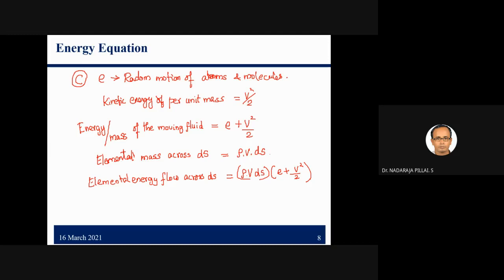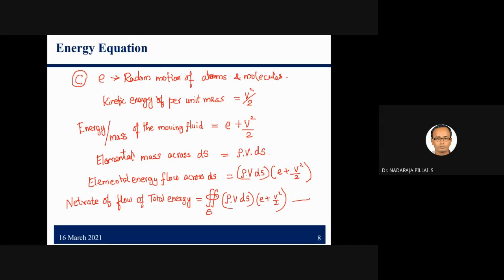Right? So I will write the other equation also. The net rate of flow of total energy is equal to the double integral over S of rho V ds into E plus V square by 2.